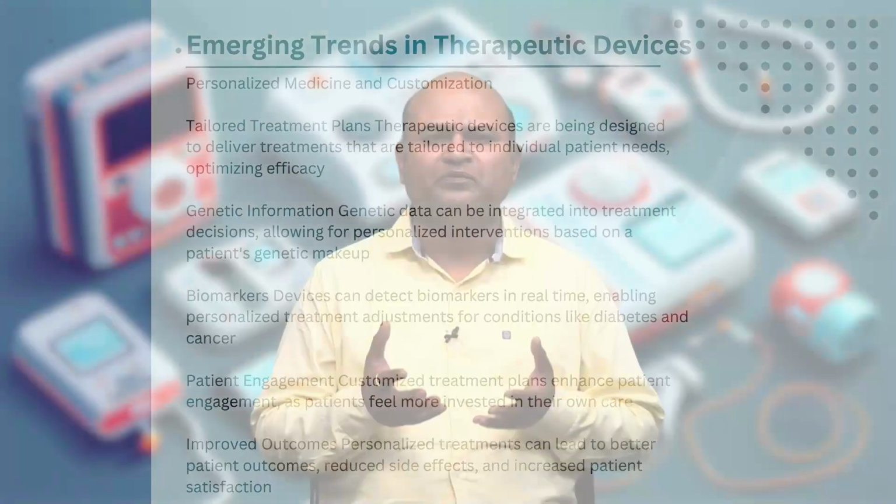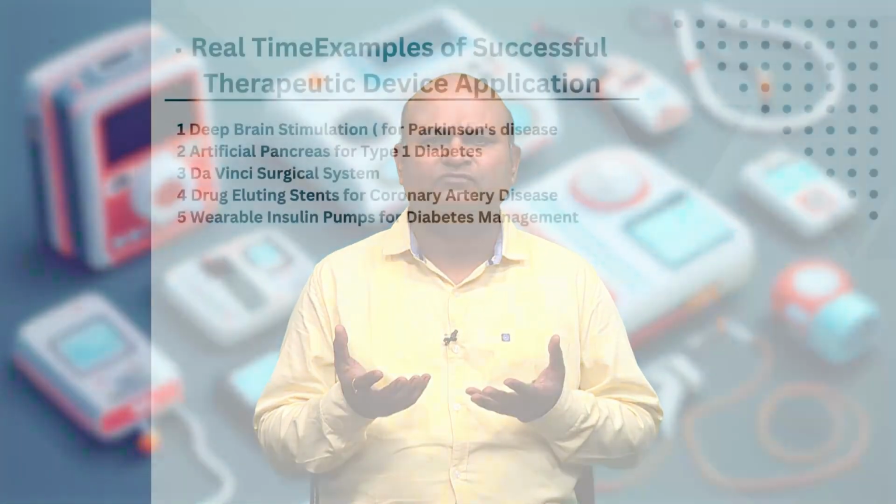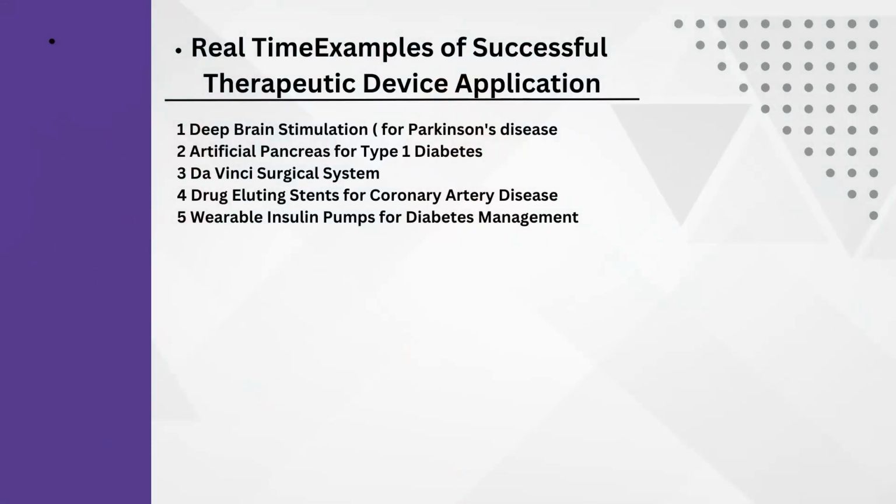Now, we are going to real life examples of successful therapeutic device applications. First, deep brain stimulation for Parkinson's disease. Device: implantable neurostimulator with electrodes.